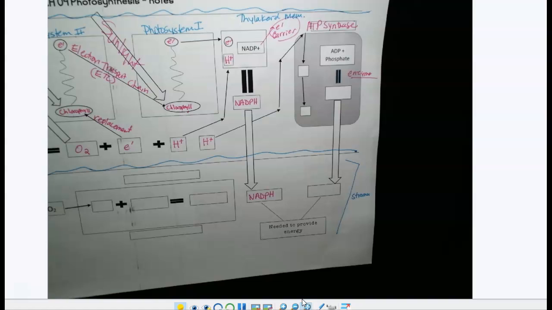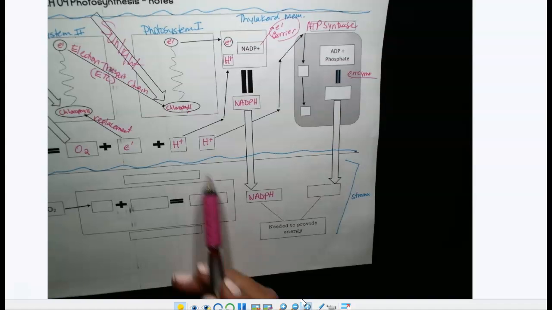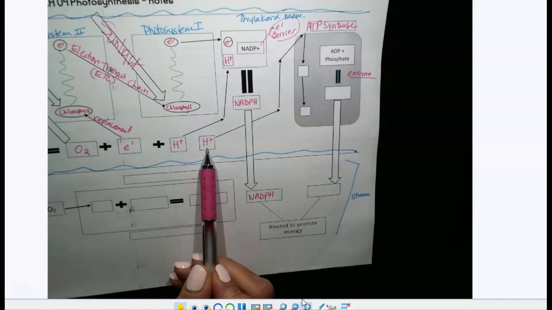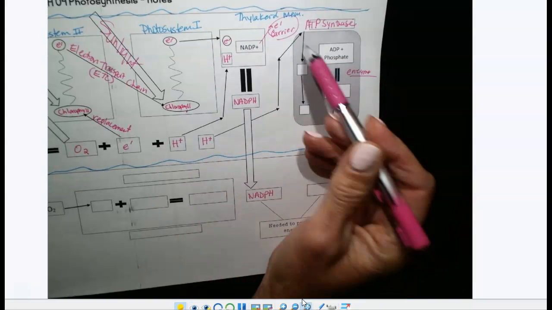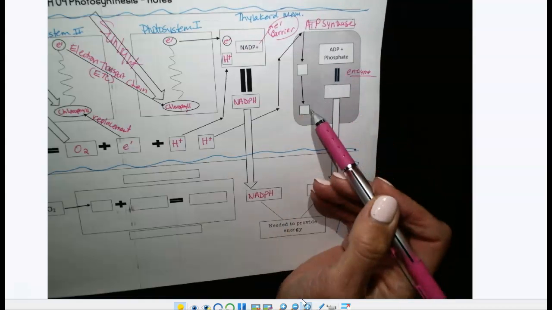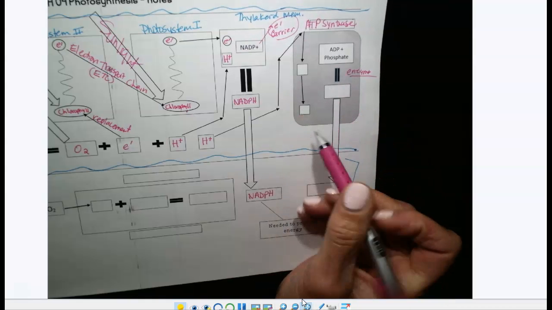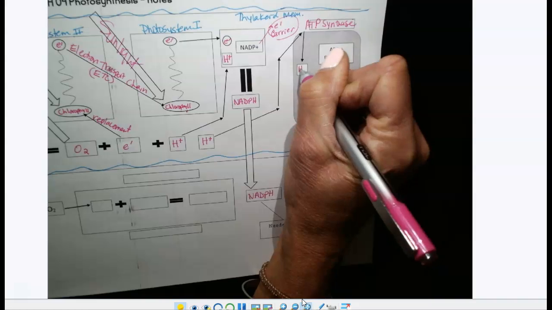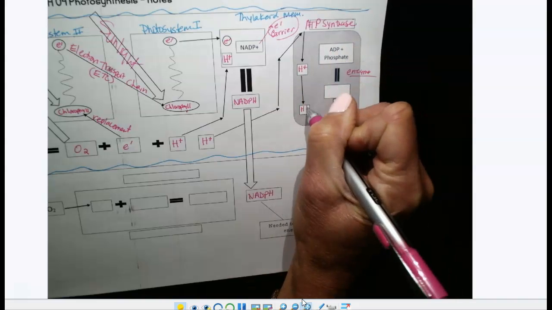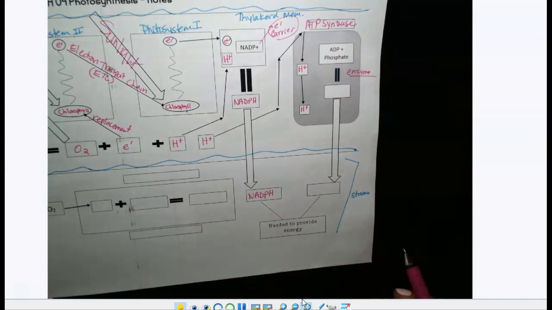Okay? So before ATP can be made, this extra hydrogen ion that we haven't done anything with yet moves over, he slides down, and he goes inside of the enzyme, and it's like he unlocked the gates so the enzyme can work.